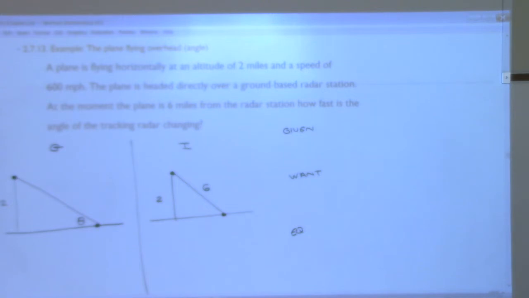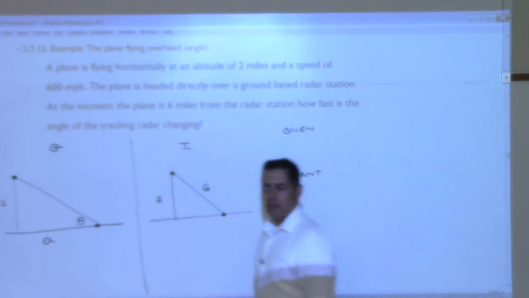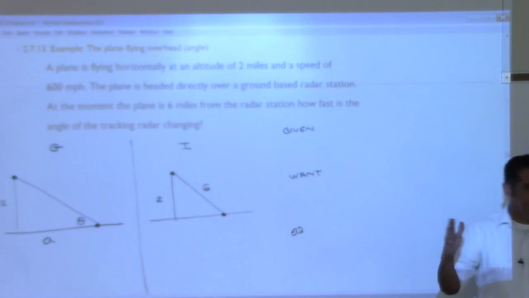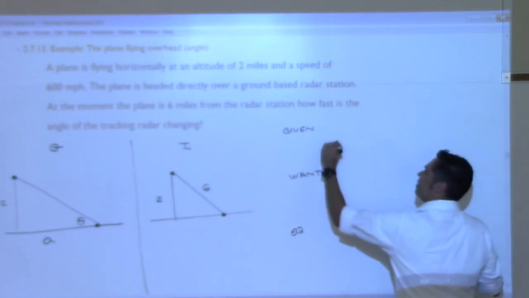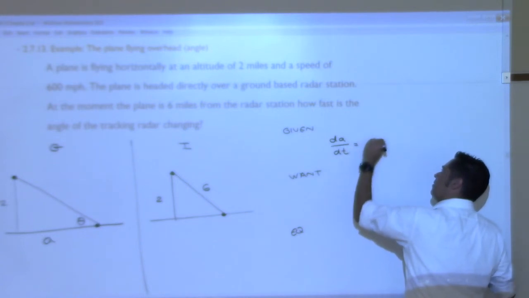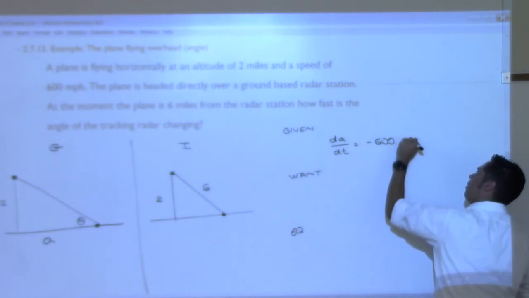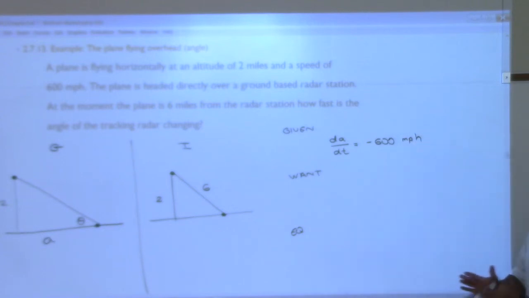All right. Well, we're given the speed of the plane still, right? So we still have to come over here and label this A. Because that A is changing, right? So that's still the same. dA dt is what? Negative 600, right? Negative 600 miles per hour. But what is it that we want?